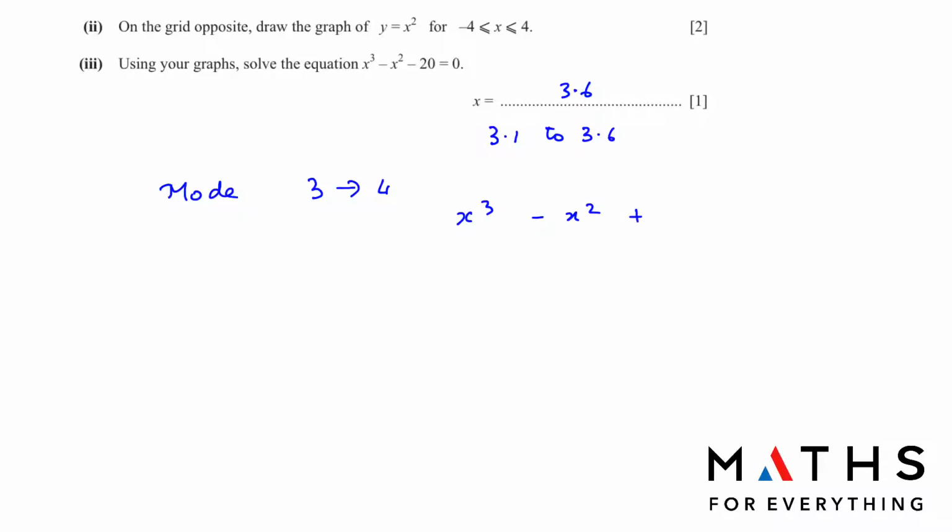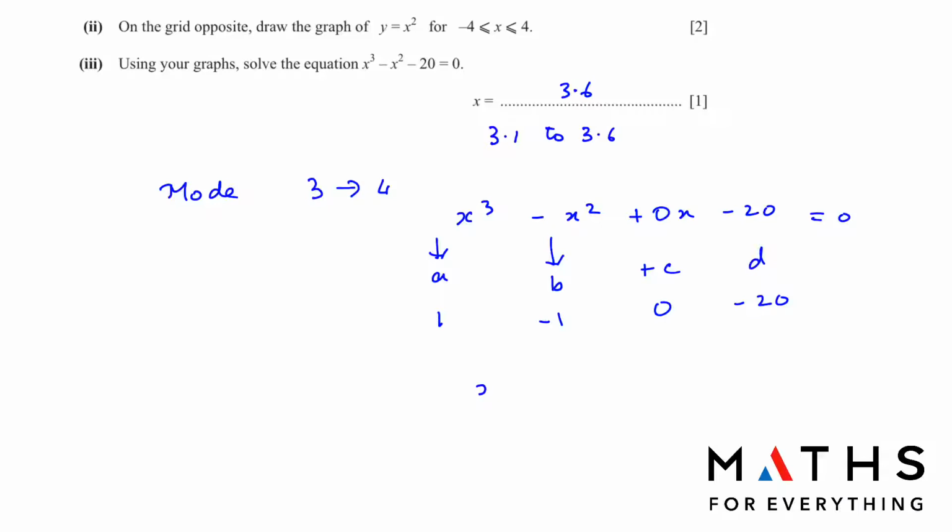You must have an x and a number. The number before x cubed is your a, before x squared is b, before x is your c, and the number without any x is your d. So in this case, a is 1, b is negative 1, c is 0, d is negative 20.